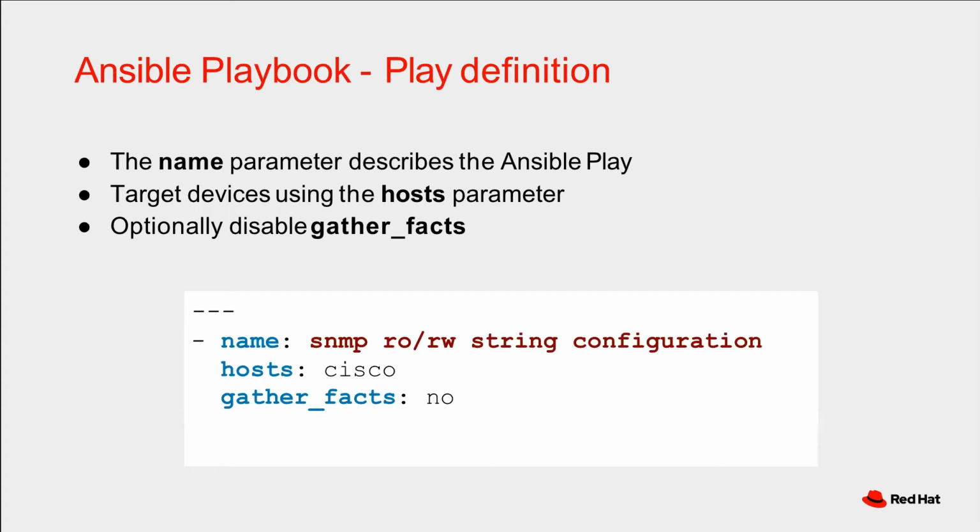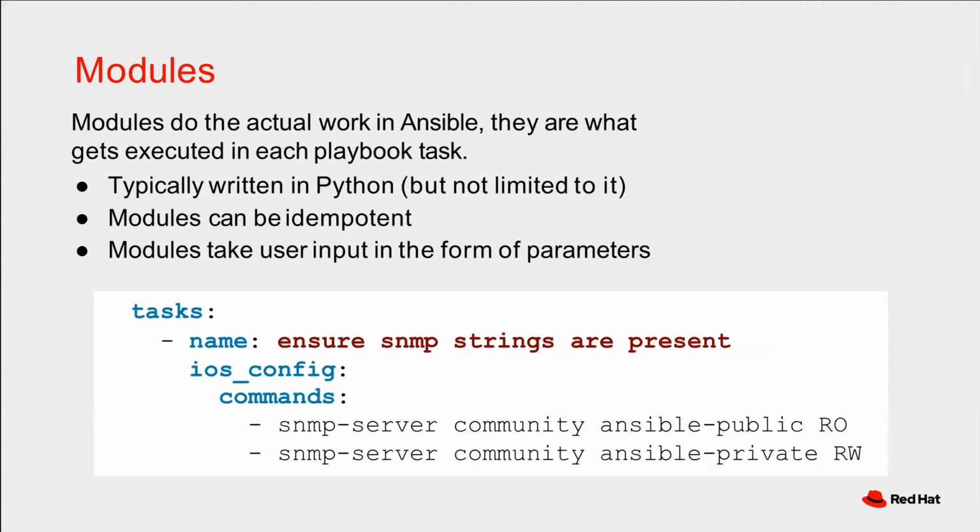And then again, gather facts. For network equipment, we're always going to set that to no or false. Even though it says optionally, even if you set it to true, I don't think it's going to do anything because it can't.